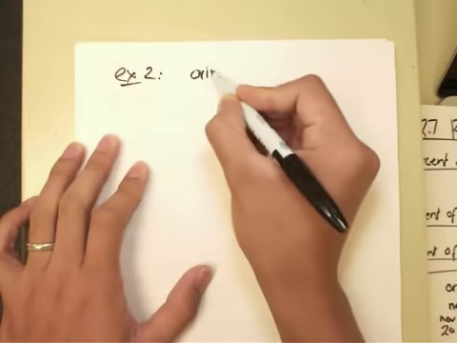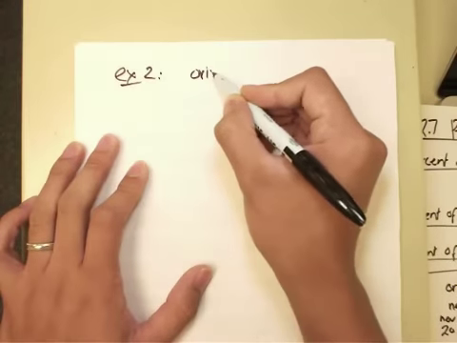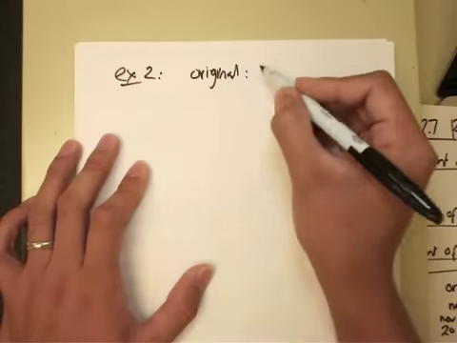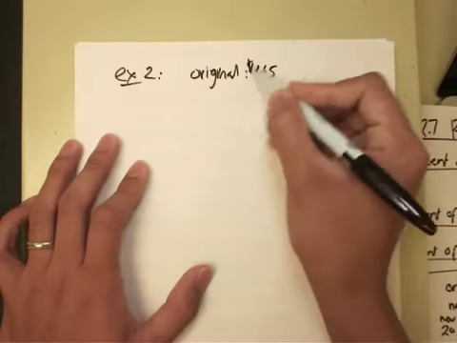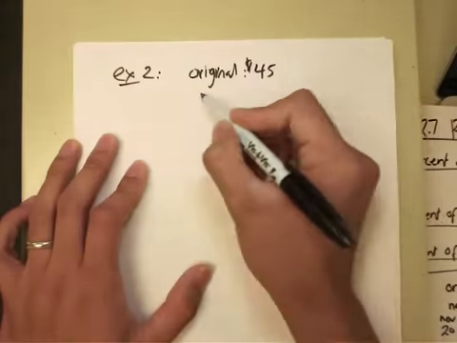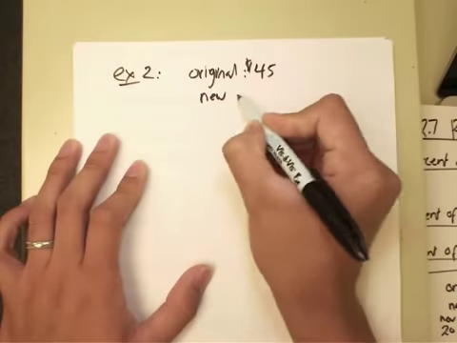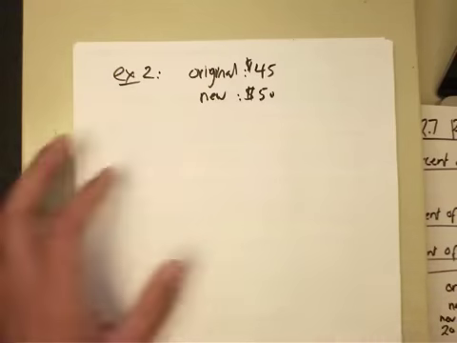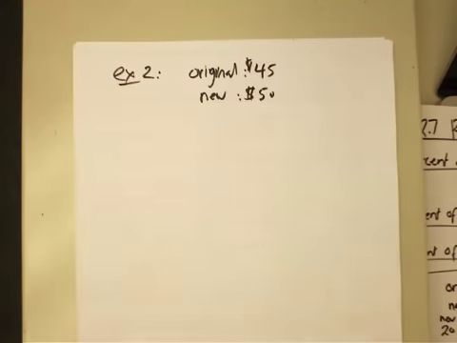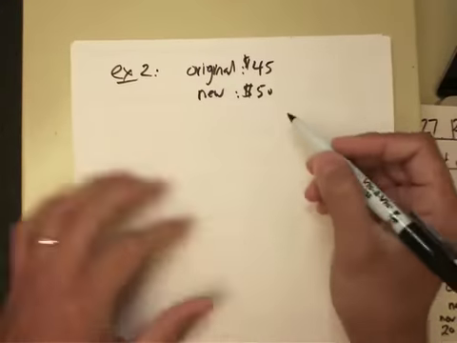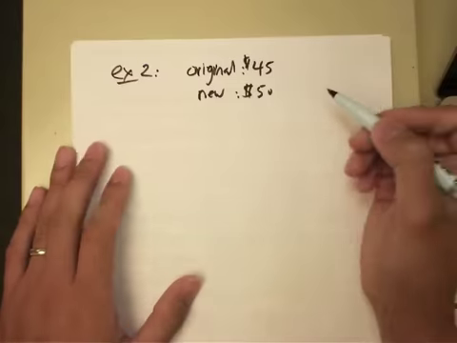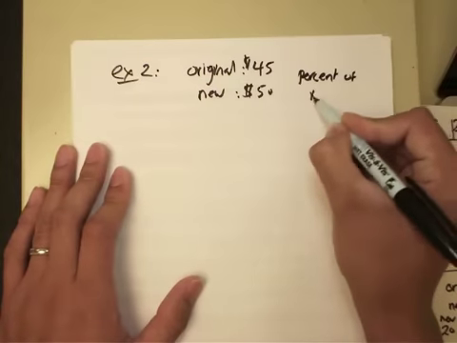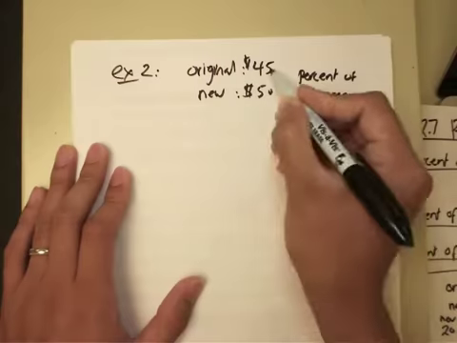Make sure you know what is the original and what's the new one. The original price is $45, and you want to raise it to $50. So once again, we want to figure out what is the percent of change. At this point you know that this is definitely an increase, right? So we are trying to find the percent of increase from $45 to $50.